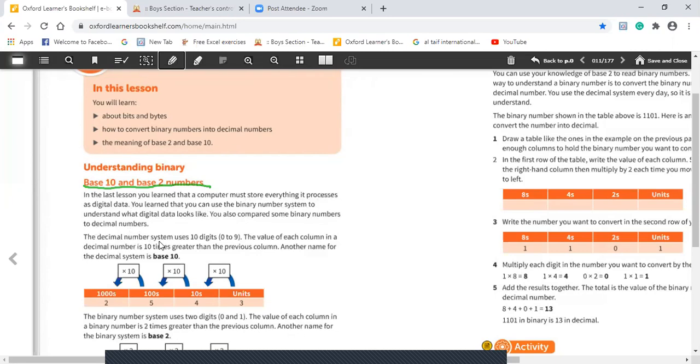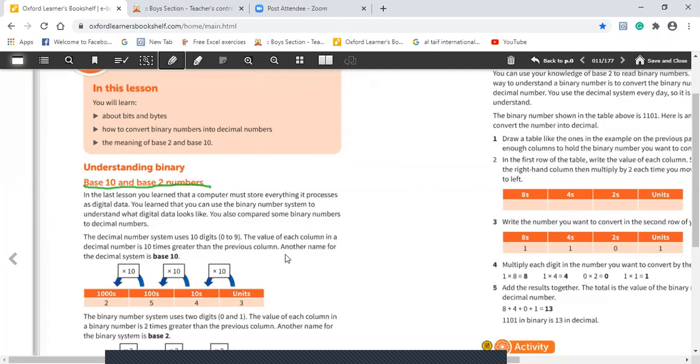As we said, the decimal number system uses 10 digits, 0 to 9, do not include 10. Why? Because 10 is a representation of 1 and 0, which are included in the numbers from 0 to 9. The value of each column in a decimal number is 10 times greater than the previous column.